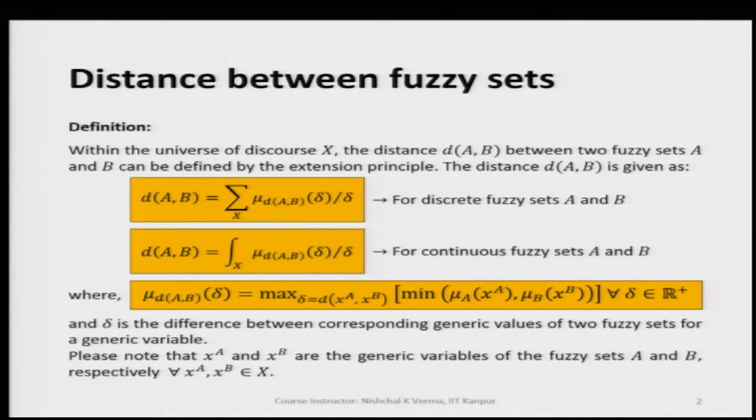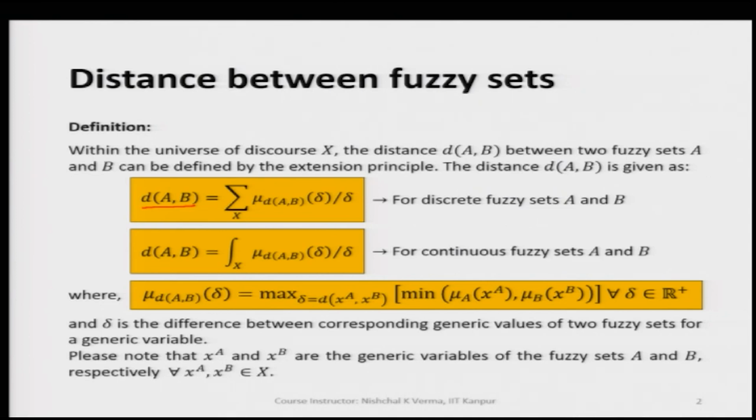As it is written here, the distance between two fuzzy sets A and B is represented by d of A comma B, which is equal to the summation of all the elements containing its membership values over the universe of discourse.